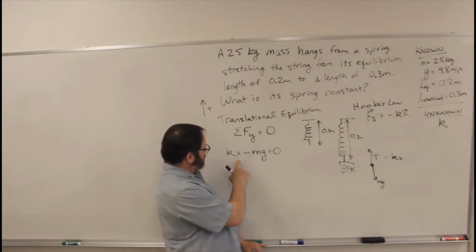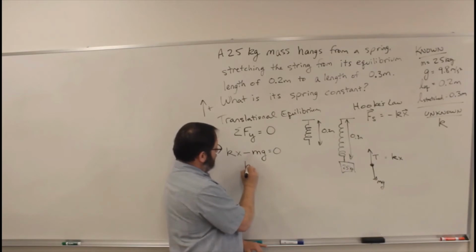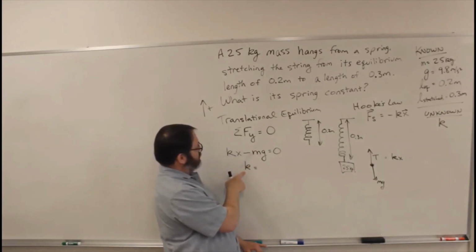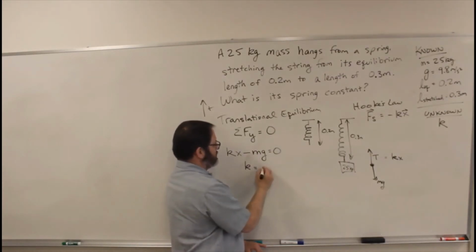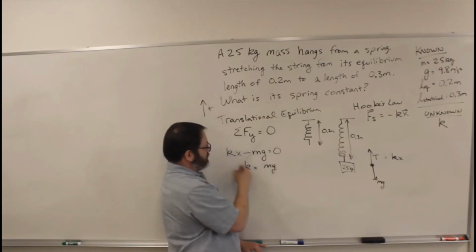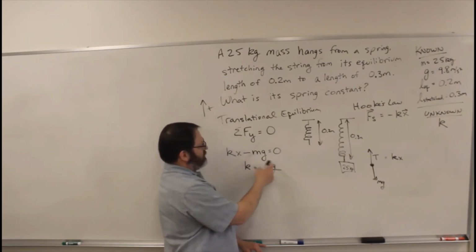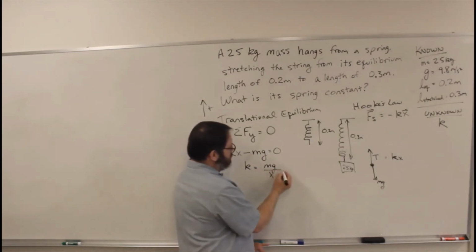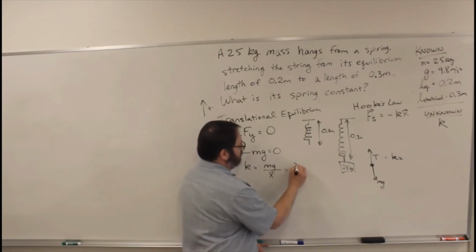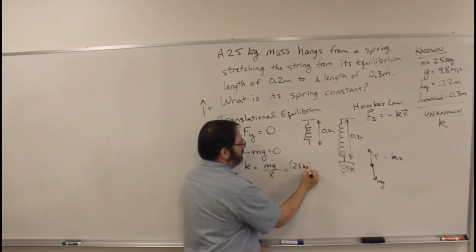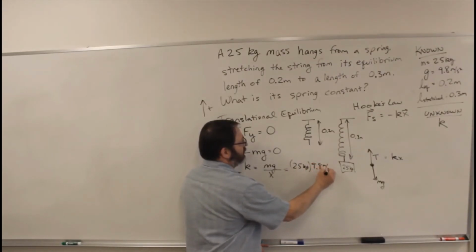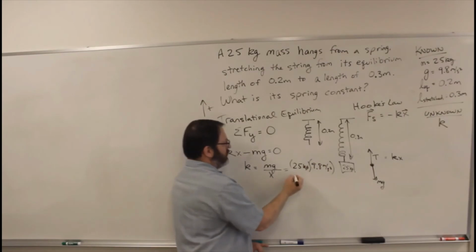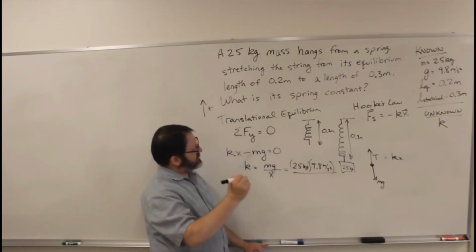So that means K, which is what we're solving for, add mg to both sides, divide both sides by x: mg over x. Easy enough. So mg, that's 25 kilograms, 9.8 meters per second squared, over x.